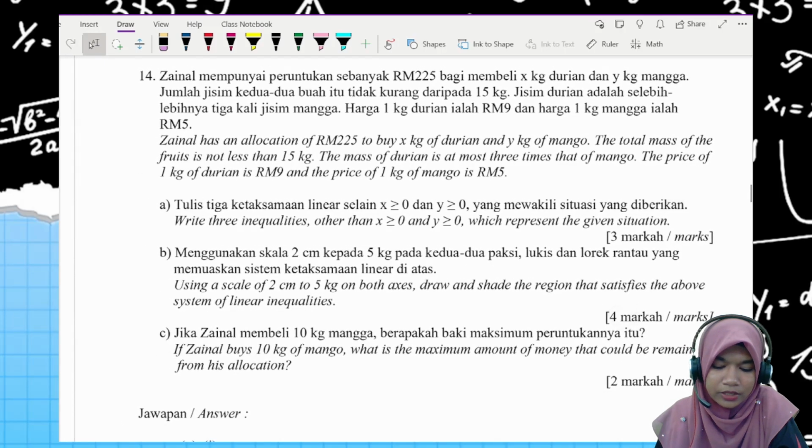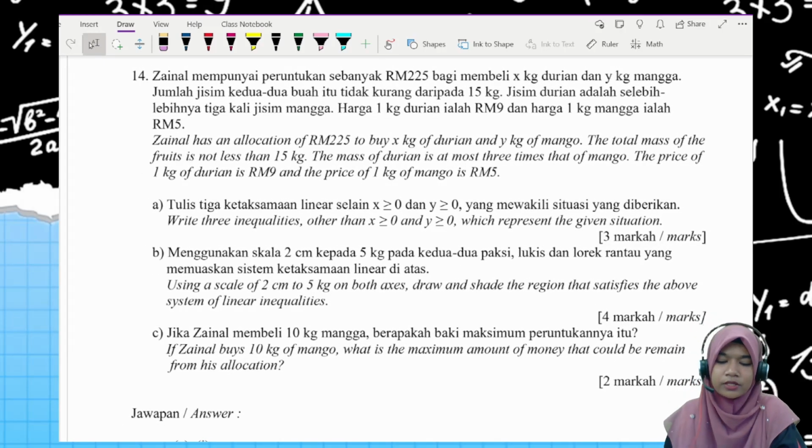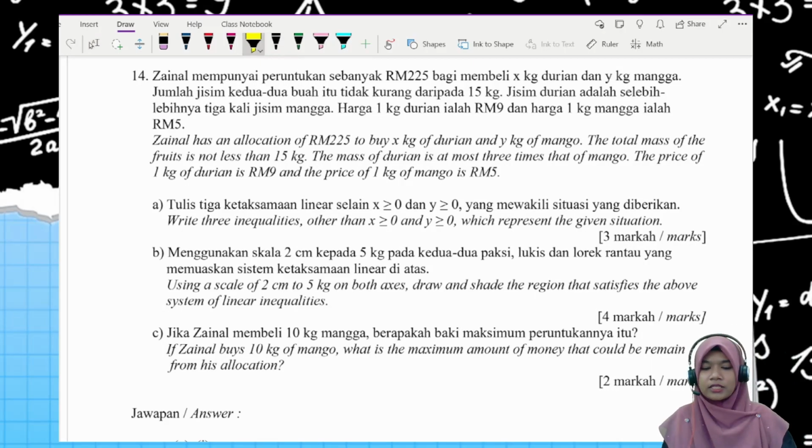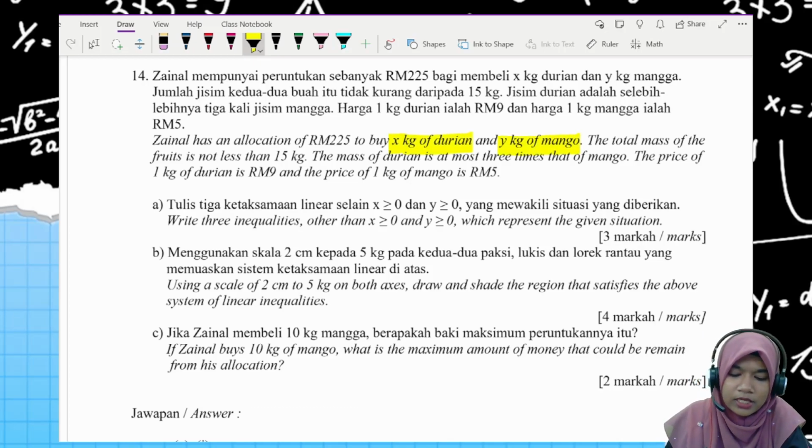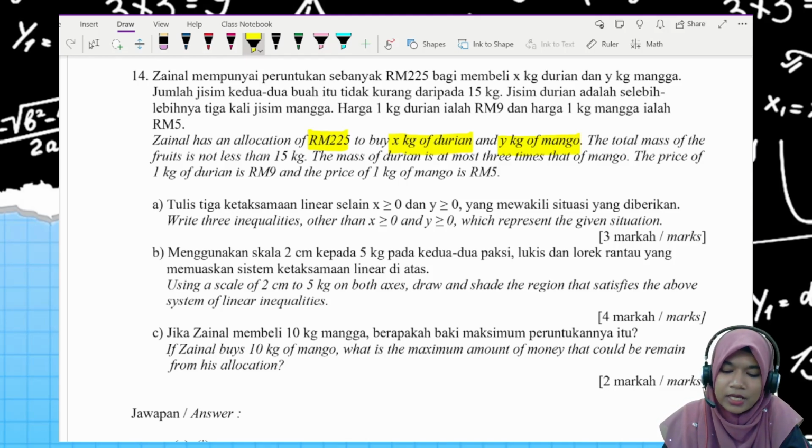Zainal has an allocation of 225 to buy x kg of durian and y kg of mango. So Zainal has 225 to allocate. 225 is the total money that Zainal has to buy x kg of durian.